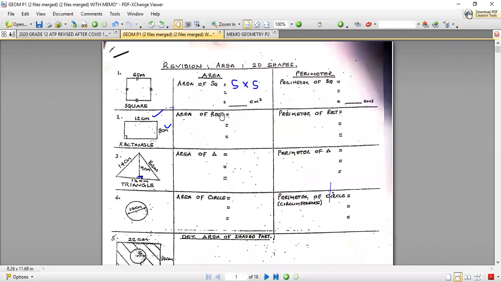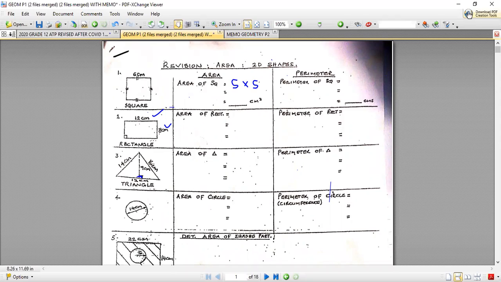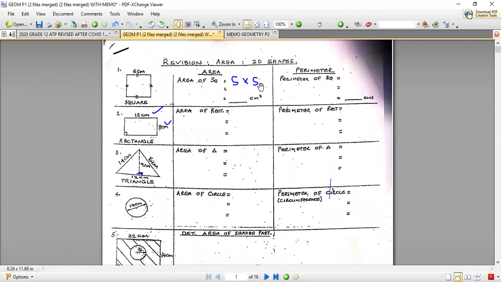Our first shape is calculating the area of a square. As you can see before you, we have a square measuring 6 centimeters. Do we need to be told the other sides? Obviously not, because the square has all sides equal. So calculating the area would mean side times side, which would be 6 times 6, which is 36 square centimeters.